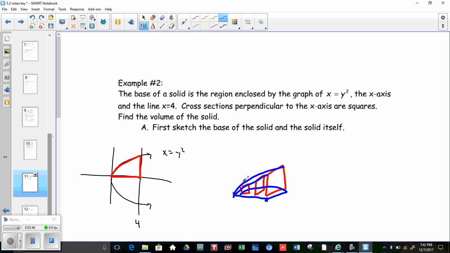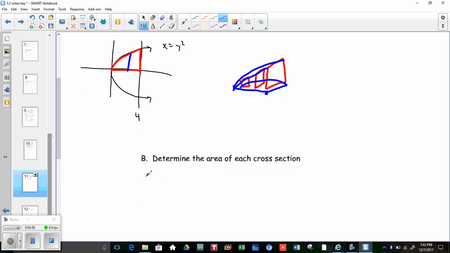So in order for us to be able to integrate from here to here, because it is going to be perpendicular, here's your cross section, it is going to be perpendicular to the x-axis, we need to know how to find the area of a square. Well, hopefully that's not going to be too difficult. You guys should all know the area of a square is side squared.